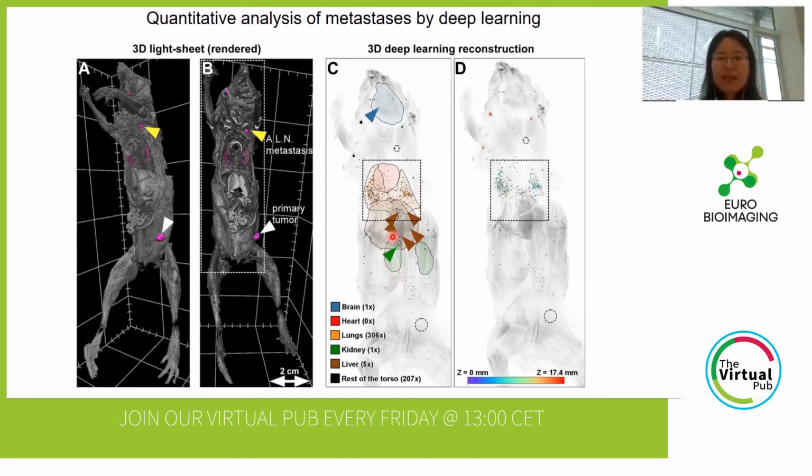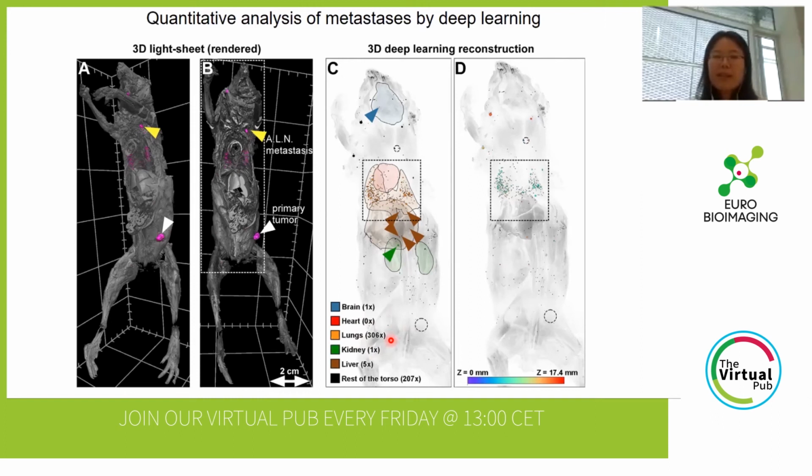We can basically count how many metastases happened in different mouse organs, for example the brain, the lung, the kidney. We can see that most of the metastases happened inside the lung. This is the MDA-MB231 cancer metastasis model, but we also did other cancer mouse models, like pancreatic cancer or lung cancer samples.